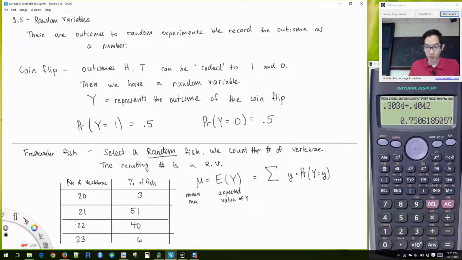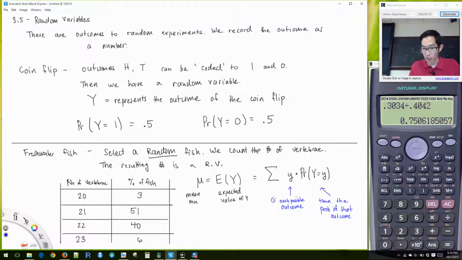Okay, here I'll label these. So we take each value, each possible outcome. I hope you can read this. This says each possible outcome multiplied times the probability of that outcome.